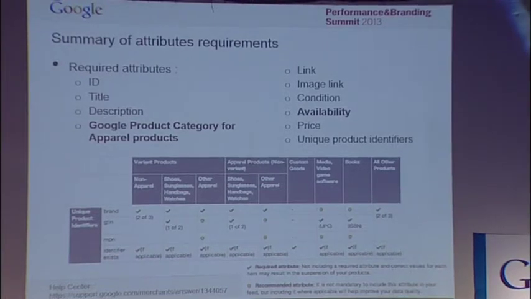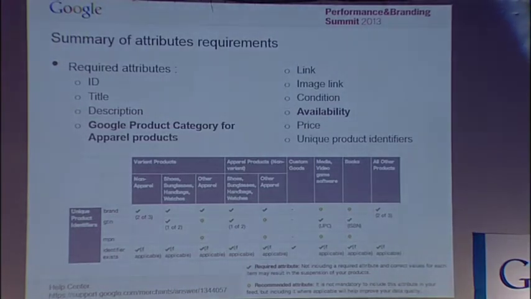And I also added a table to really explain it to you. It's a table you can find in the AdWords, in the Merch Center Help Center, and explains to you that depending on the type of product, we will require different types of unique product identifiers.